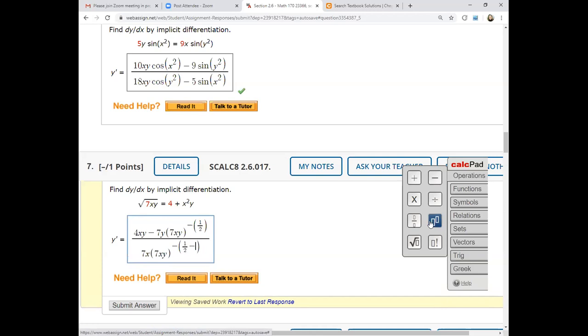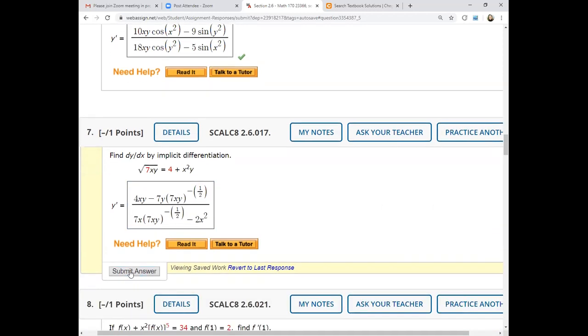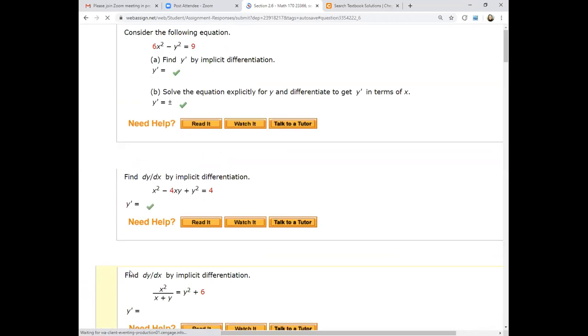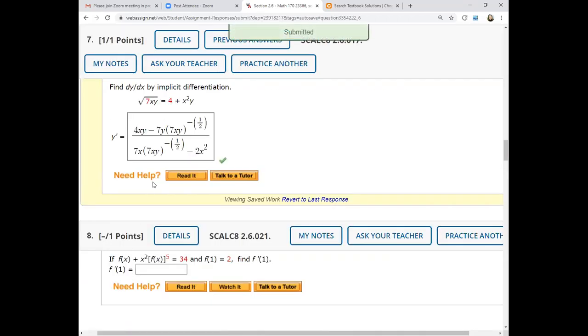And then if I wanted to rationalize, I could, which is more or less the same thing that we wrote. It's 4xy times, oh yeah, it took it.